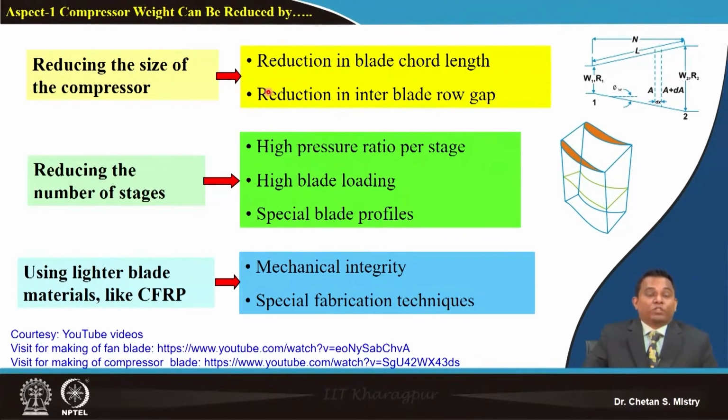That is one possibility. Secondly, if you increase the gap between rotor and stator, that will increase the length of the compressor at the one instant. And secondly, the assumption we are making regarding the absolute velocity coming out from my rotor is that it will be striking on the stator.